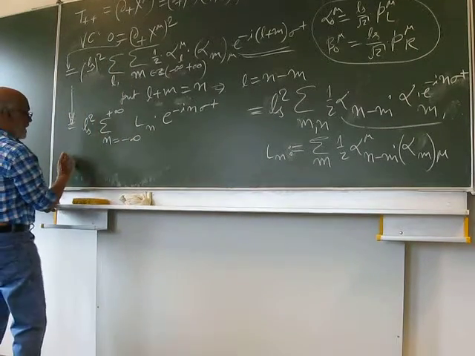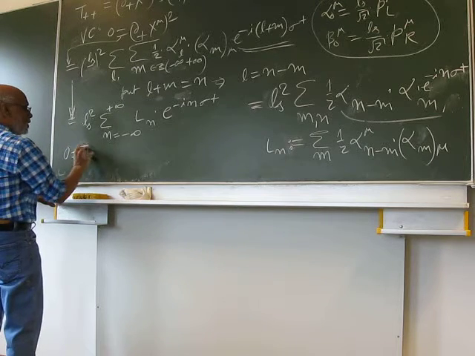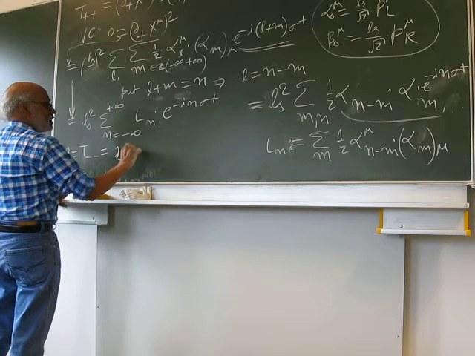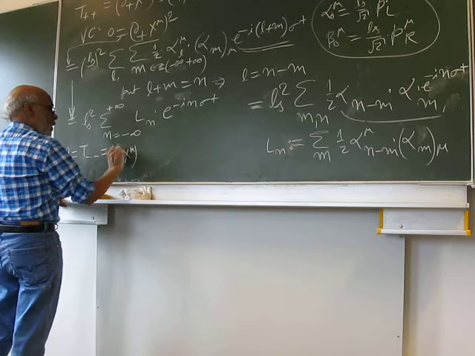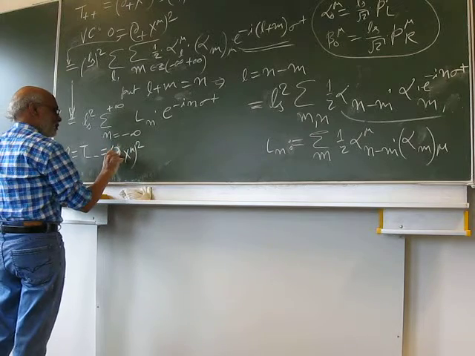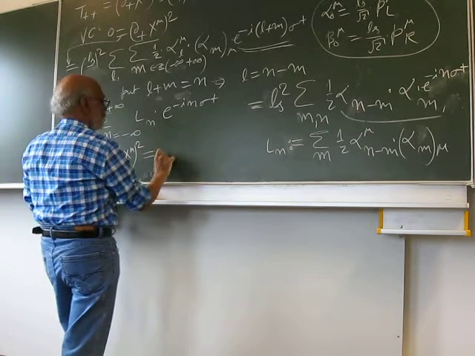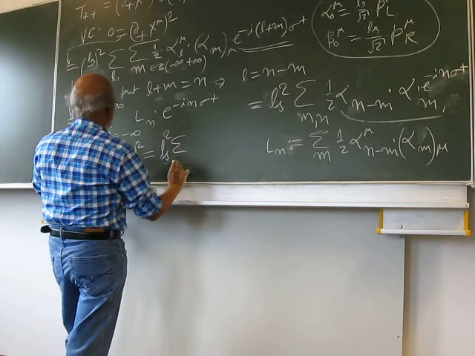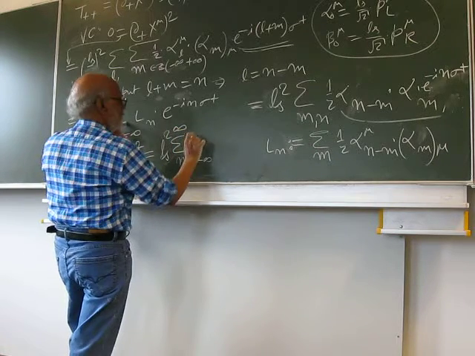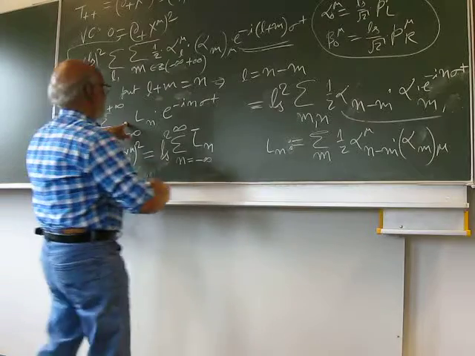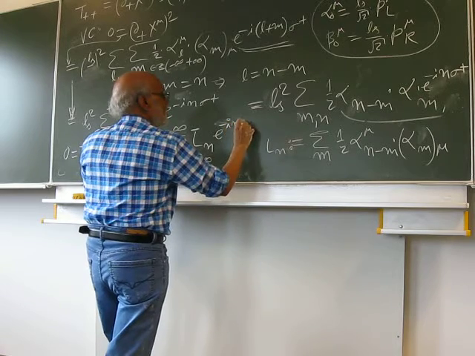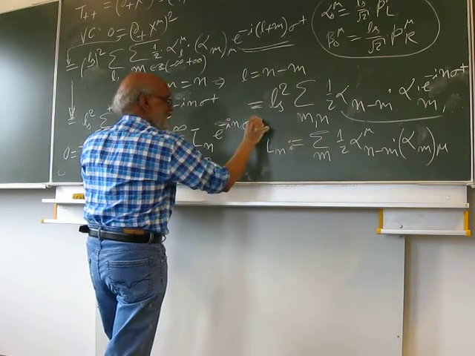Similarly, when I write 0 equal to t minus minus equal to del minus x mu whole square, then this is going to give me ls square summation over n equal to minus infinity to plus infinity ln bar e to the power minus iota n, but I think this should be sigma minus, but let me still verify it.